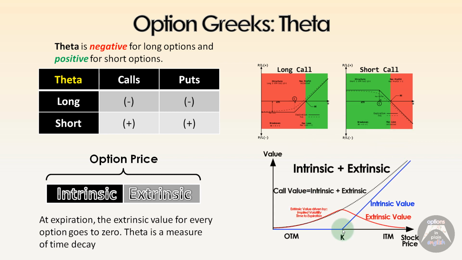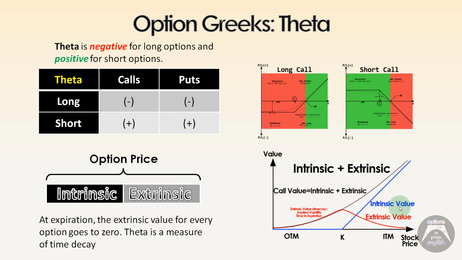This is another graphical representation of intrinsic value and extrinsic value. So if you look at this graph and you look at this curve representing a long call prior to expiration, which is something like this, the actual value of that call is made up of two components, intrinsic and extrinsic.